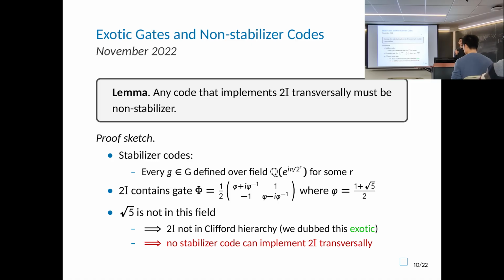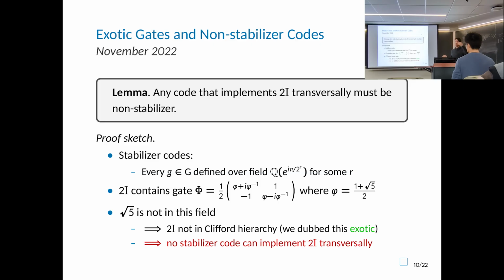It's impossible. So there's some very nice work about disjointness. It's a PRX by, I can't remember all the authors, where they show that for any stabilizer code, all the transversal gates will be in something called the Clifford hierarchy. And then there are some other nice structure results on the Clifford hierarchy, which show that any gate in the Clifford hierarchy is basically defined over Q adjoin zeta 4, zeta 8, zeta 16.